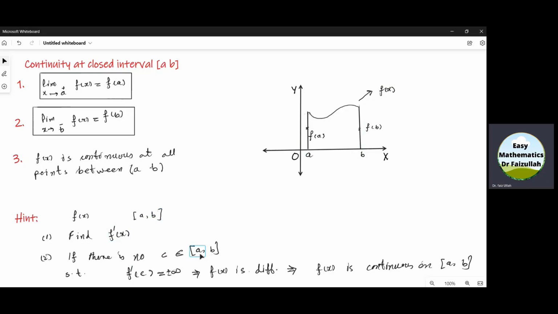If there is no point where f dash gives infinity or minus infinity, it will mean that the function f of x is differentiable and hence it is continuous on the closed interval a comma b.